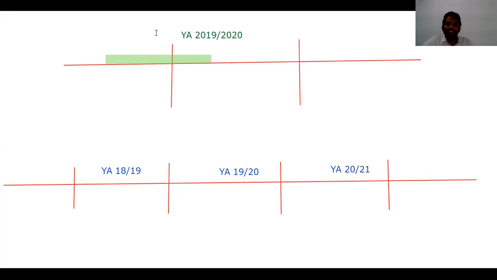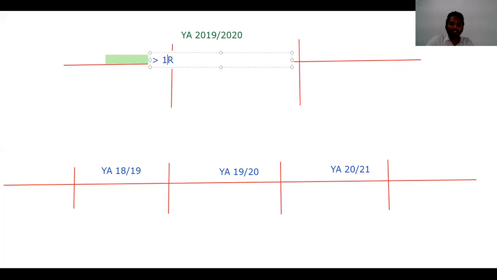So in the year of assessment 1920, he becomes a resident because he has exceeded 183 days.